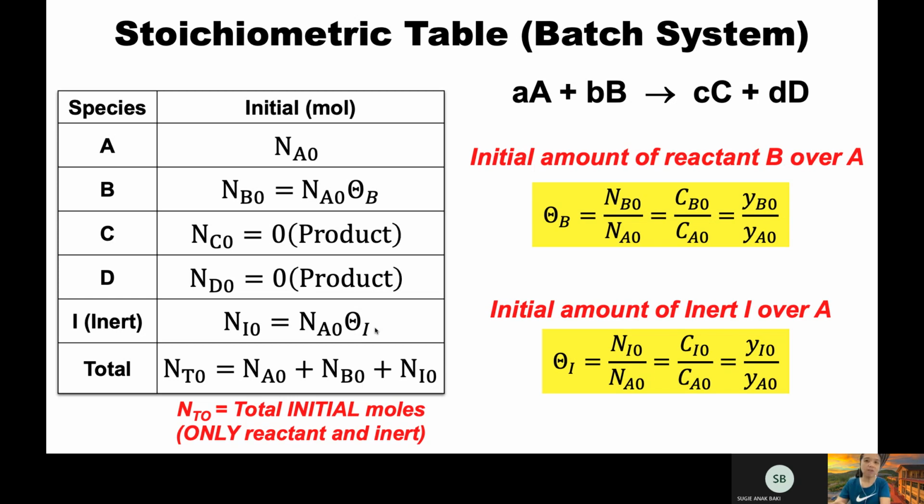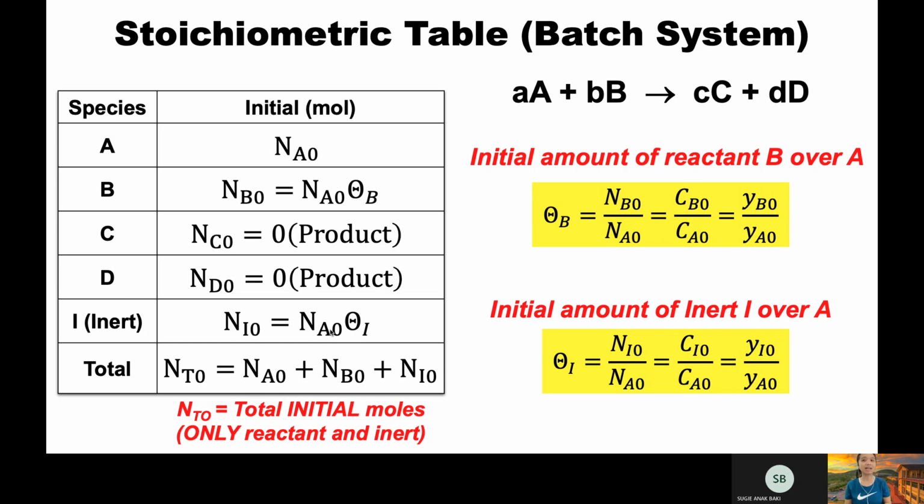So 0.25 divided by 0.5, you get for your theta I. So you can calculate theta B, theta I for the same system. So when you get the theta I, you don't forget multiply dengan Na0 balik. Okay, so tadi kalau theta B multiply dengan Na0, kalau theta I multiply dengan Na0.